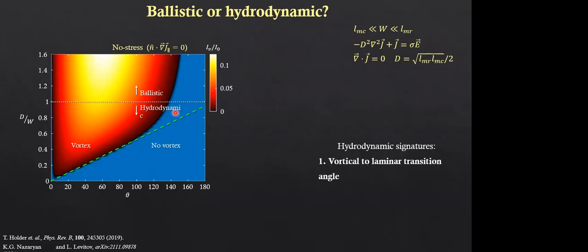On the other hand, if it's ballistic, then it does not depend on the angle. So if we look for the vortical to laminar transition angle, and we find that the angle is first of all small, not like say over 100 degree, but about 40 degree, 50 degree, something like that, and then if we can establish that the transition boundary is linear, then we can say that it's in the hydrodynamic regime.